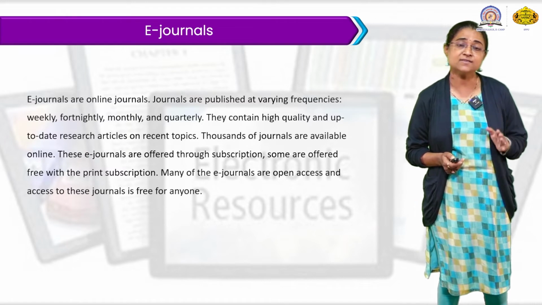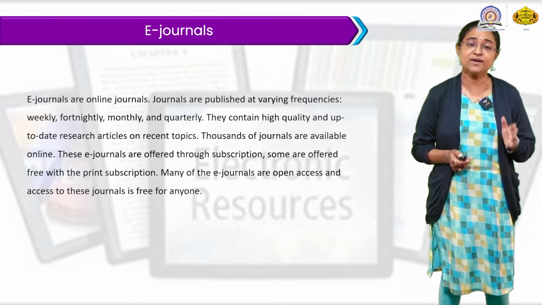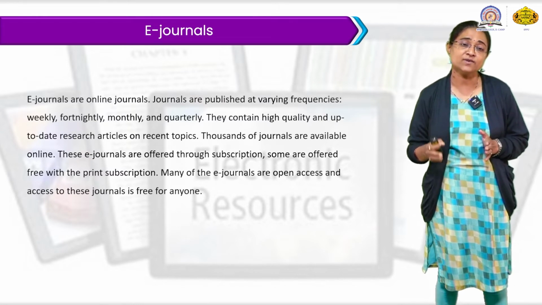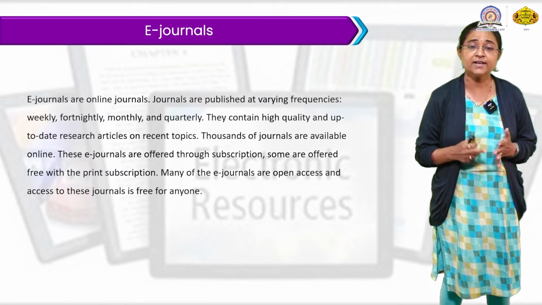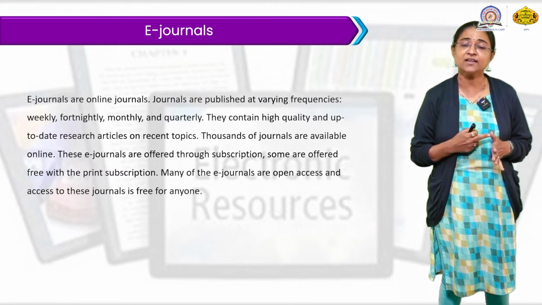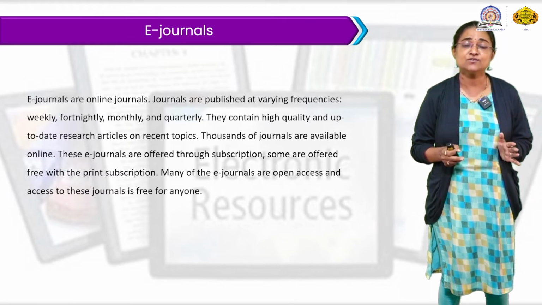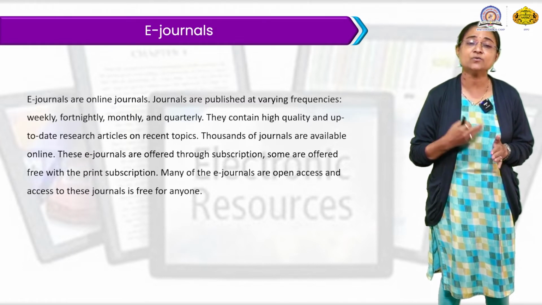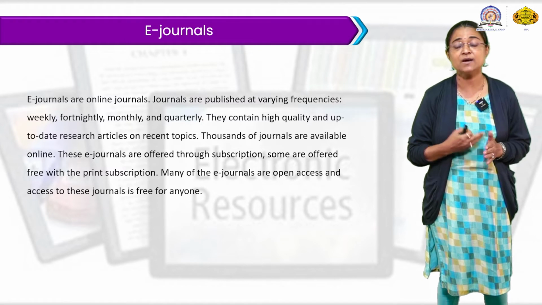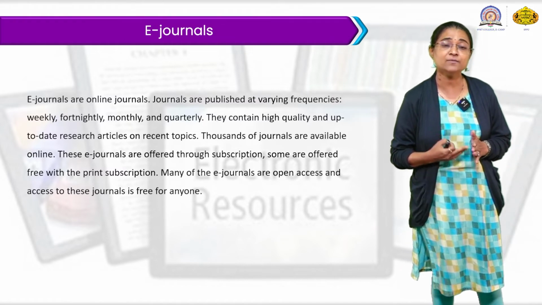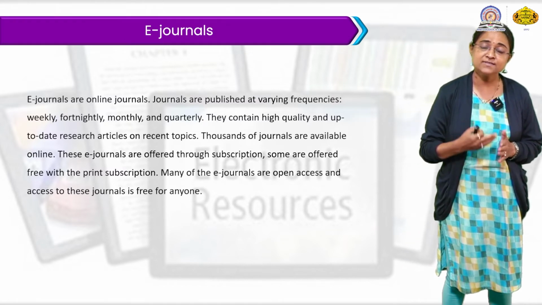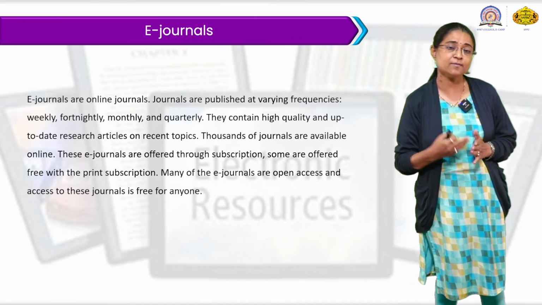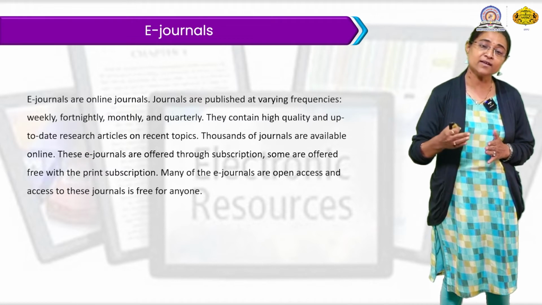Magazines are usually published in print formats, in different frequencies: weekly, fortnightly, monthly, quarterly, annually, biannually. When these magazines are converted into electronic format, they become e-journals or e-magazines. These are also published in varying frequencies.